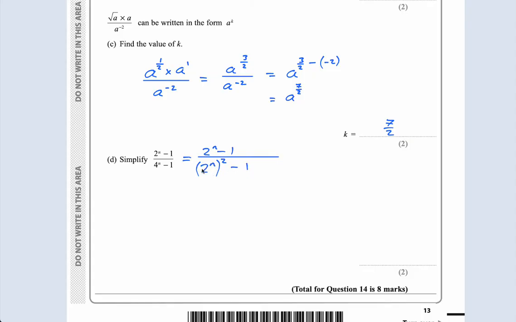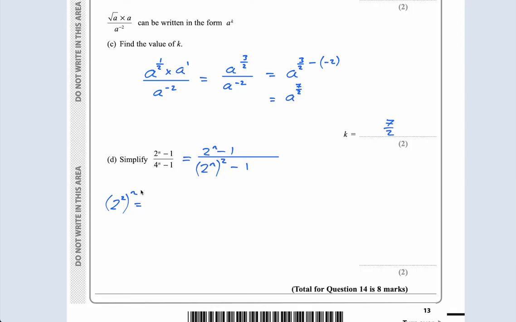I can write that because, let me show you. 4 is 2 squared, and I have 2 squared all to the power of n, because it's 4 to the power of n.